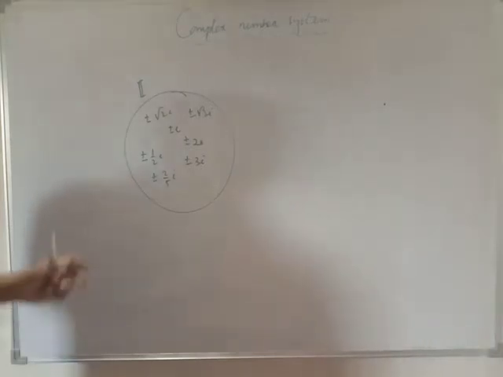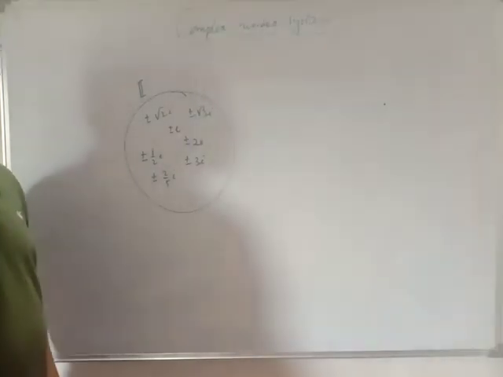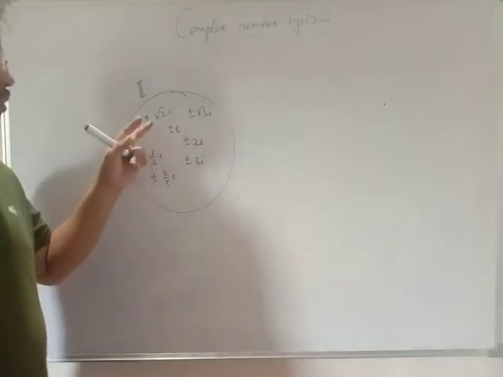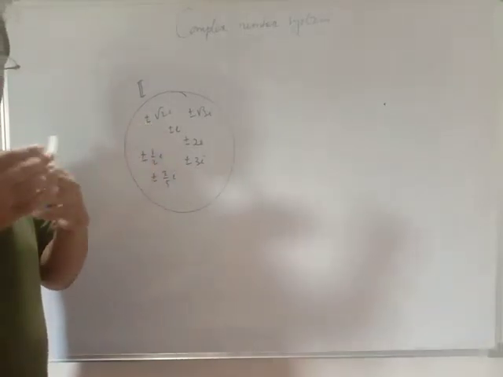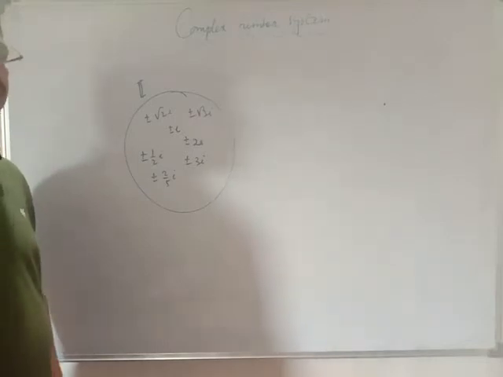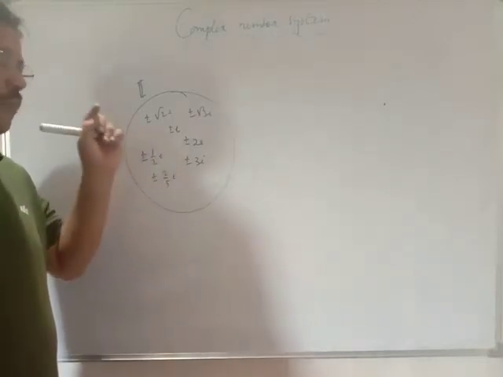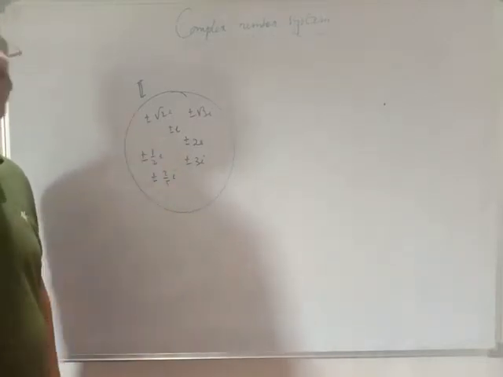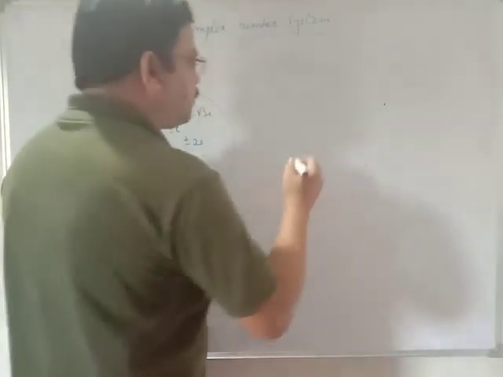This is the set of imaginary numbers, and it contains all the numbers connected with I. In every imaginary number you will get I there.